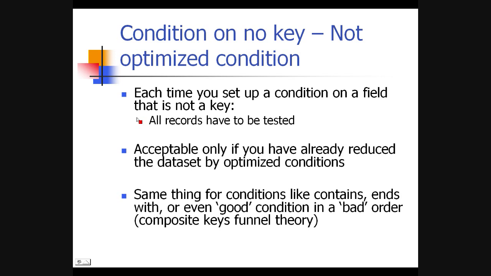And even for good conditions in a bad order, remember the composite key funnel theory, all good conditions should be on the first part of the composite key. If they are not, it means that first you will have the bad condition applied on the file, and then the good condition on the remaining thing. It's absolutely not optimized.